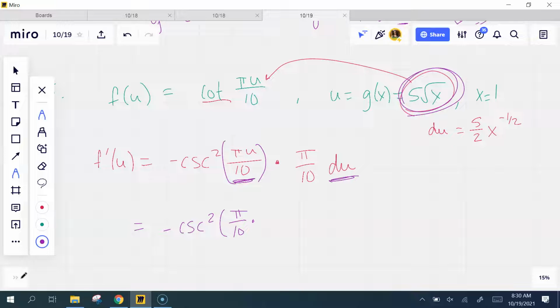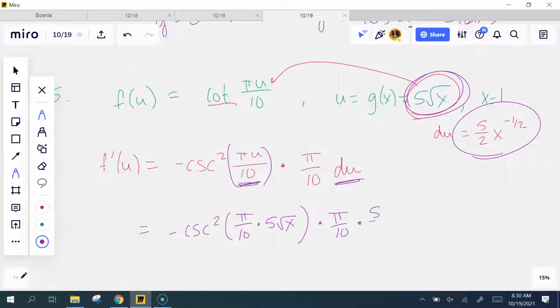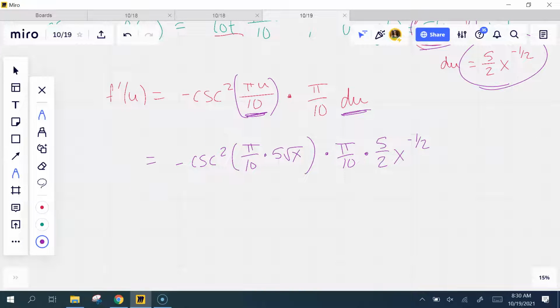Now times u, remember, is 5 square root x, right? This does not go inside this. It's not a function of cosecant. It's just outside. And now it's just a matter of cleaning up.